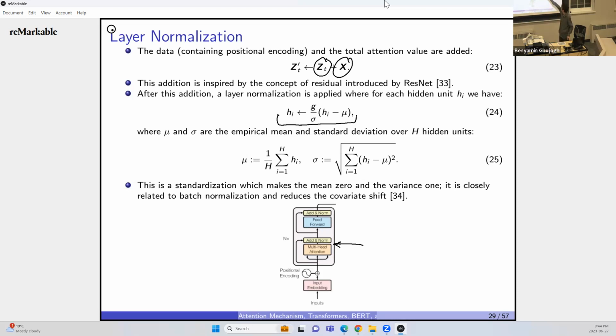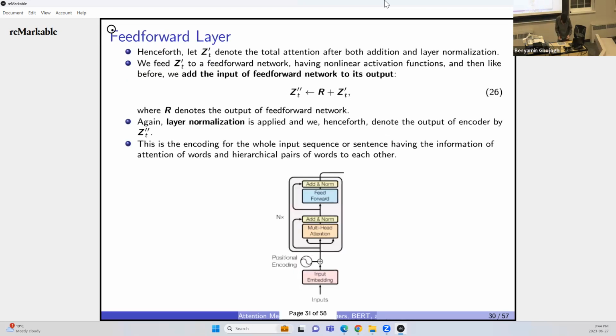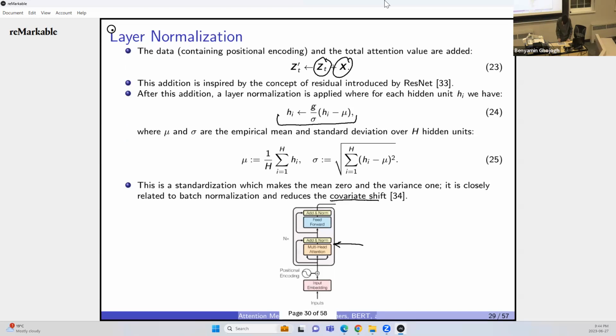So they have the ResNet idea and the idea of batch normalization. So add and norm is this. By the way, the standardization is good for covariate shift. We already talked about it in batch normalization.